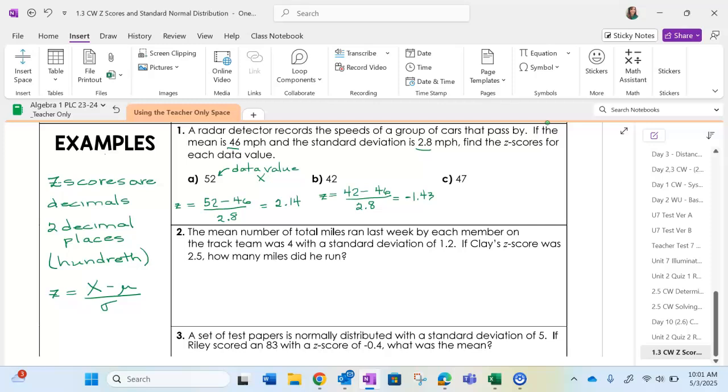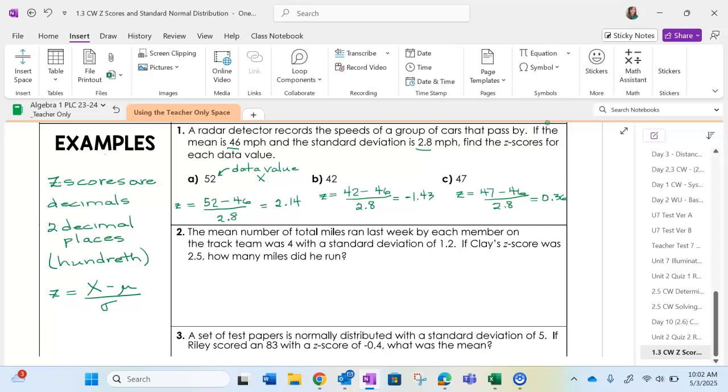So it's between 1 and 2 standard deviations below the mean on the left side of the mean, okay? 47, let's do this one. So my z equals 47 minus the mean divided by the standard deviation, and you get 0.36.